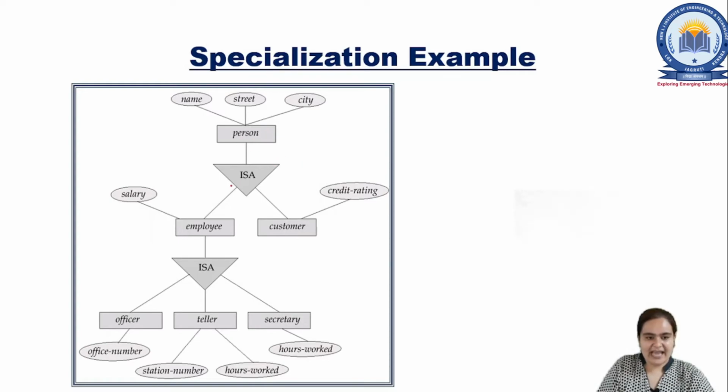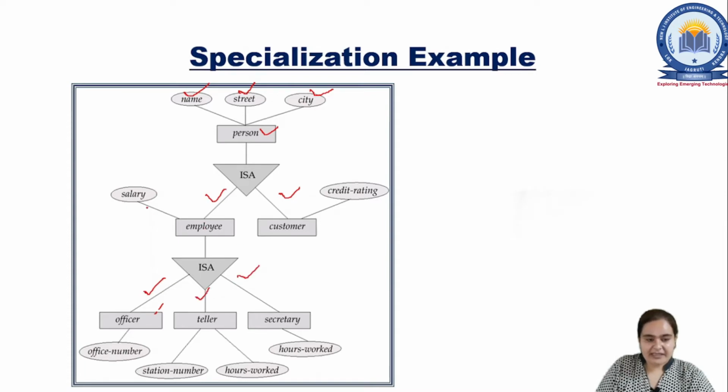So suppose we have an employee and a customer in one organization. A person will have some specific attributes, that are name, street, city, common to all employees and customers. Further, we have different kinds of employees, that are officer, teller, secretary.